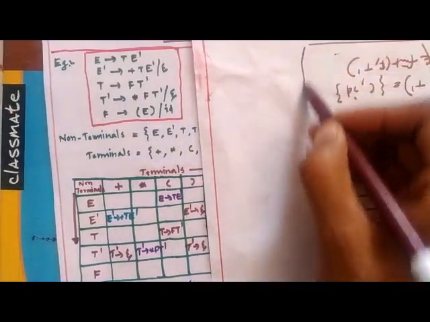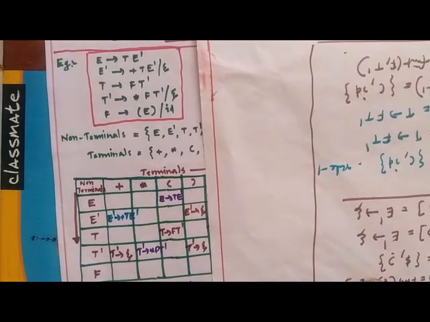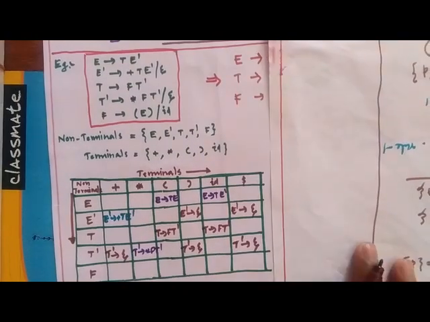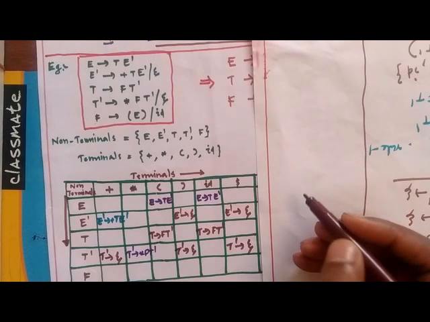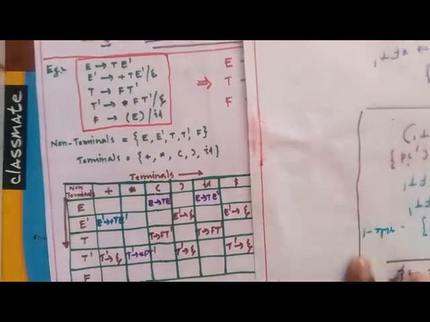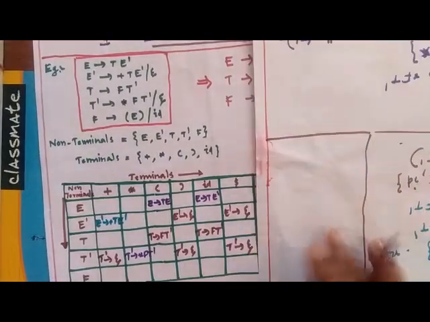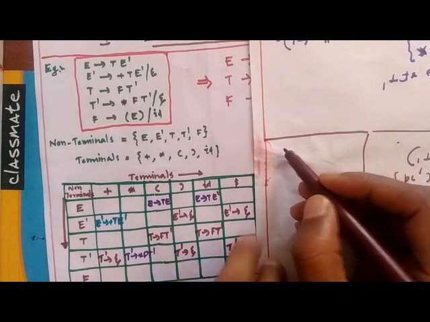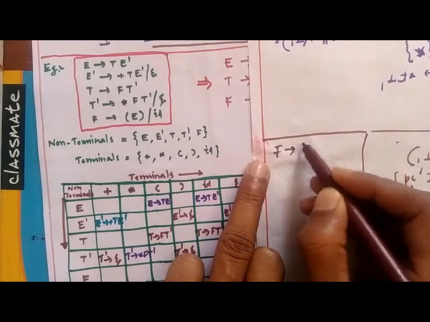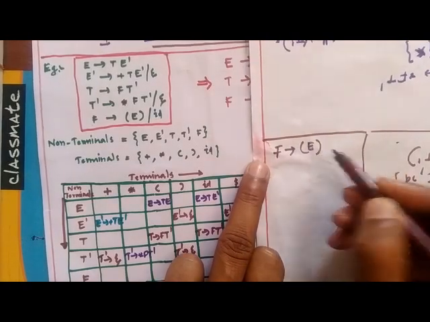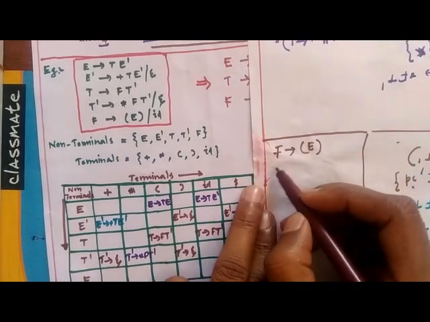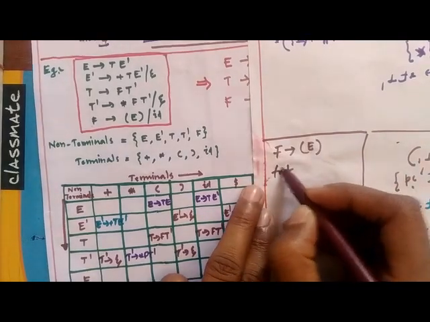Next production, we will take F gives left bracket E right bracket. First we will apply rule 1.